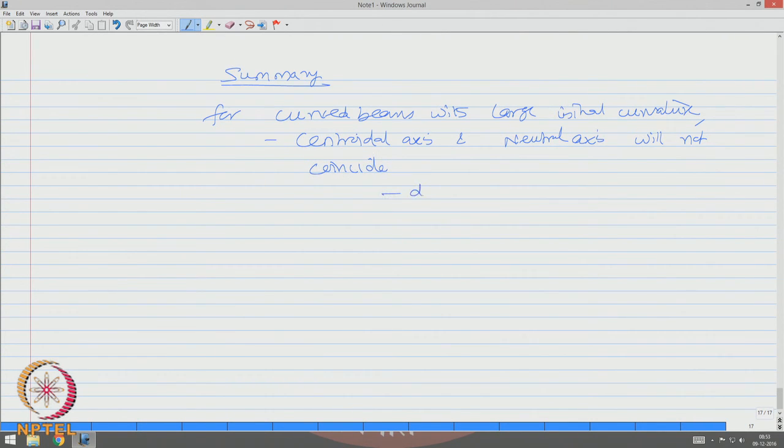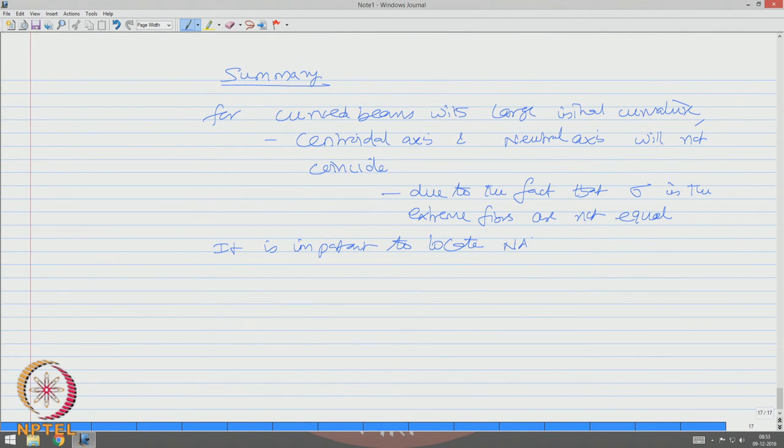This is due to the fact that the stress in the extreme fibers are not equal. So, it is important to locate the neutral axis, which depends on sectional property M.